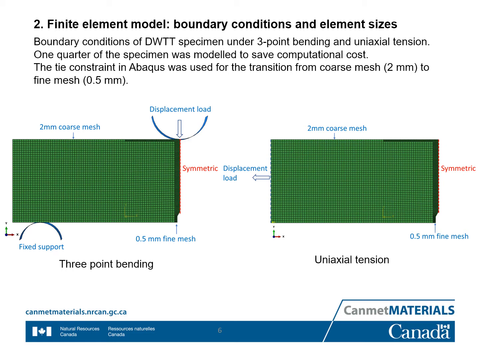In both models, we use 1/4 symmetric boundary conditions, and we use a very fine 0.5 millimeter mesh at the crack path. In other parts of the model, we use a coarse mesh, which is 2 millimeters. And we use a tie constraint in Abaqus to connect the coarse mesh to the fine mesh.